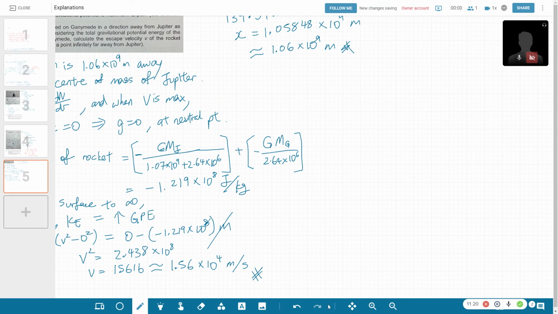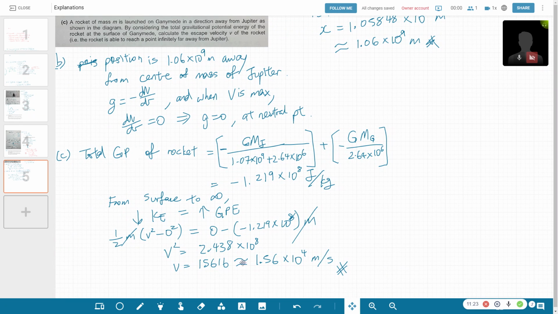So this is the escape velocity of the rocket.